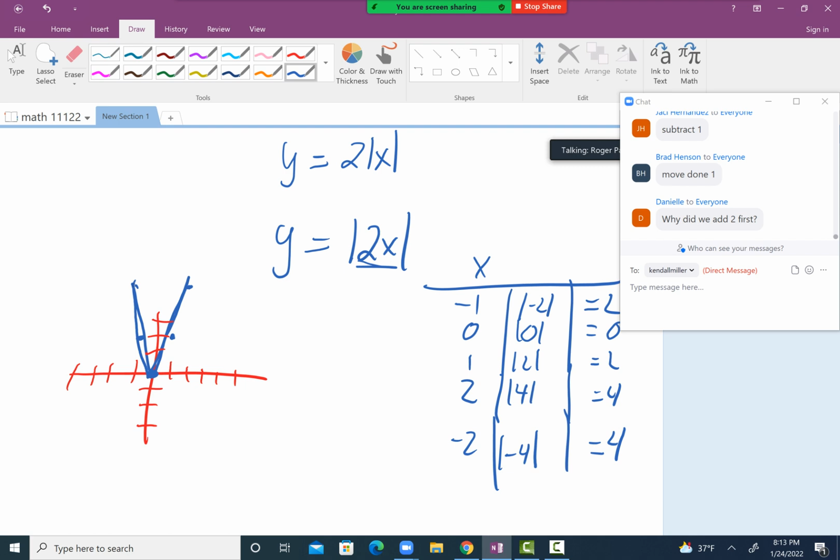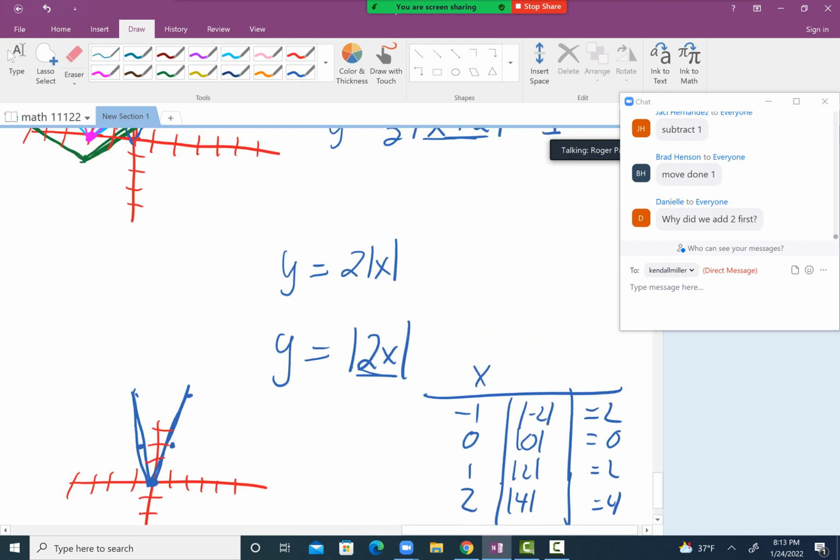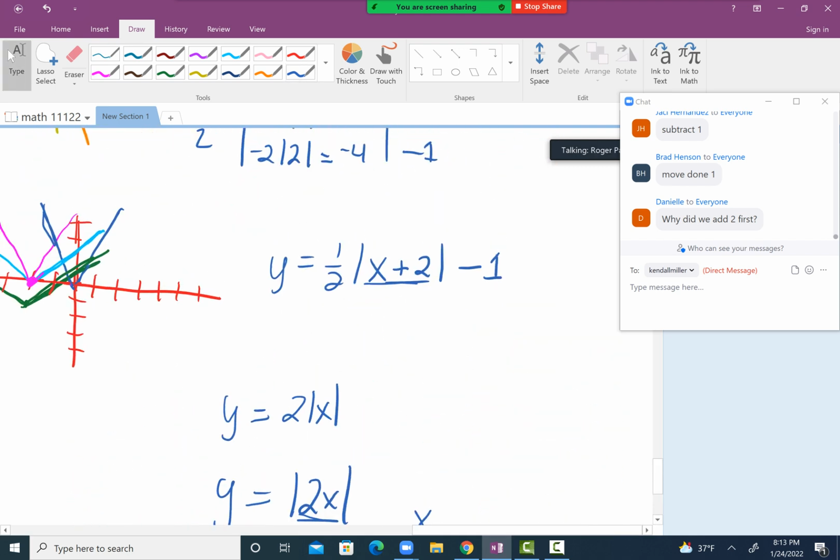Why did we add 2 first? Daniel, which one are you? Oh, up here? You're asking me about this one? Yes. Oh, well, because let's say you were making that little chart, and you put -2, -1, 0, 1, 2.